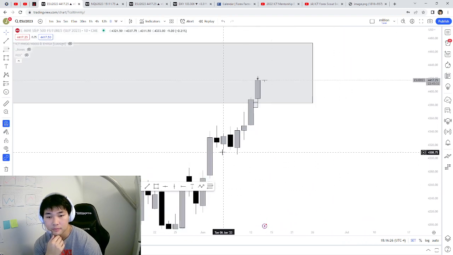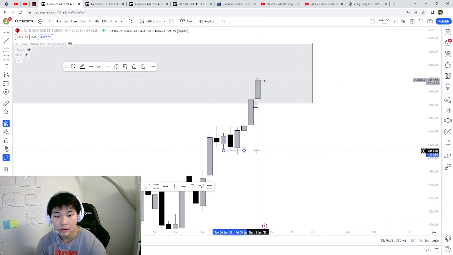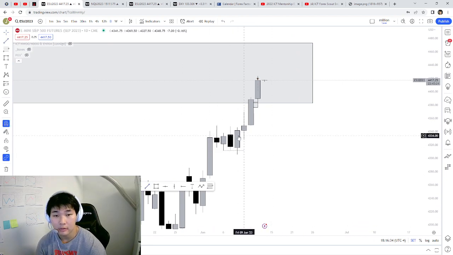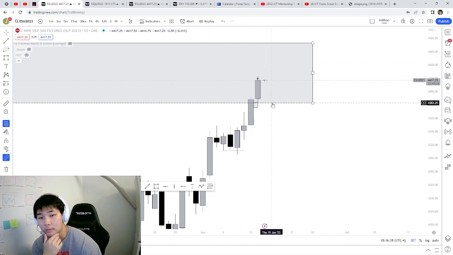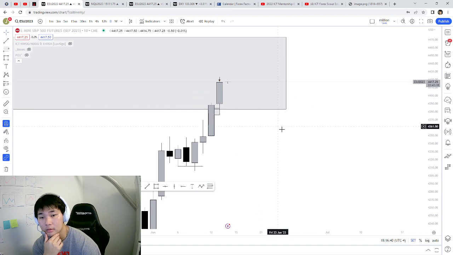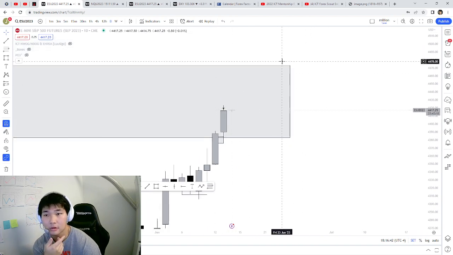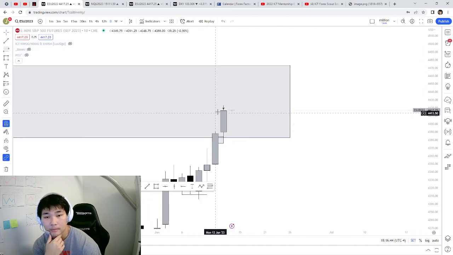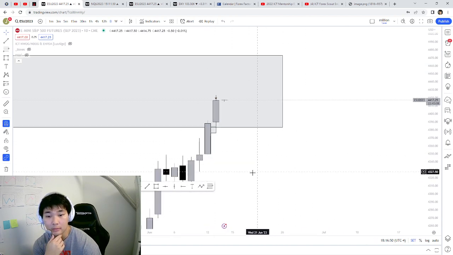We've taken out this liquidity here, and now we've run to an imbalance. So now I'm going to have to say I'm bullish for the third day. Either bullish or bearish, so that we can create liquidity for the next days to come, if that makes sense.